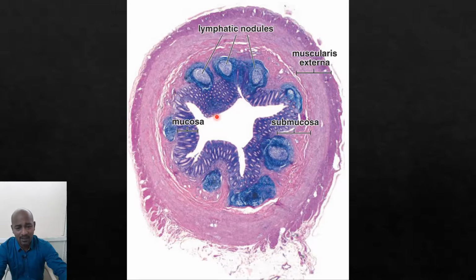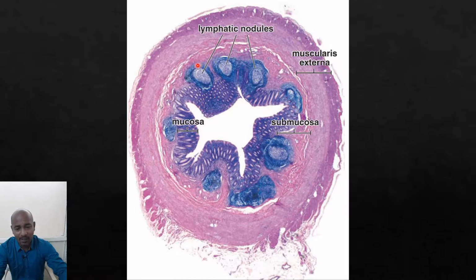The luminal surface is usually smooth with multiple small pits, which actually are the openings of these crypts of Lieberkühn. So that forms the mucosa, and mucosa sits on this basement membrane, and there is a little bit of lamina propria. Under the lamina propria you will have the muscularis mucosa.